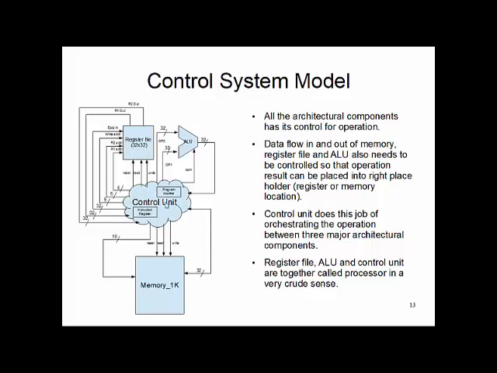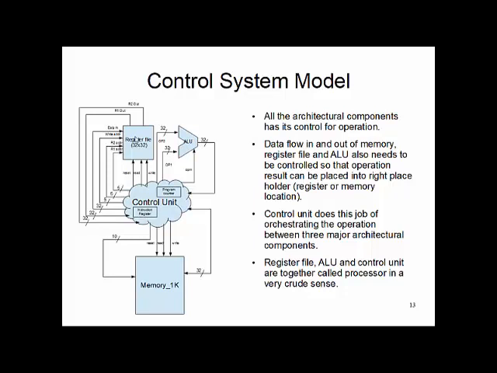So the control unit sends that result from the ALU through the data input line into the register file, sets the write address, and sets the register file operation mode to write, meaning the read signal is set to 0 and the write signal to 1, so that in that cycle the result is written back.